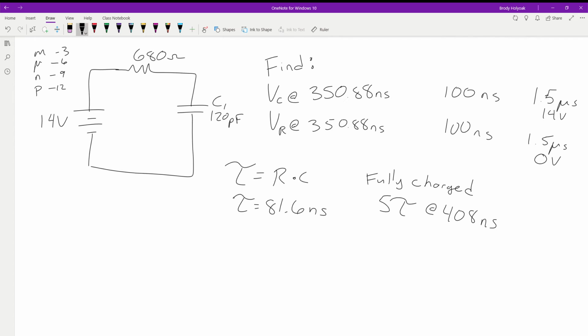Okay, one of the tricks we can look for right off the bat. Anything else? Is 350.88 any one of our taus? 1, 2, 3, 4, or 5? Okay, so we're at 4.3 tau.